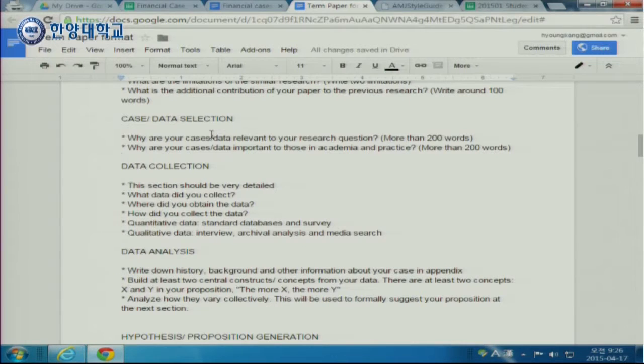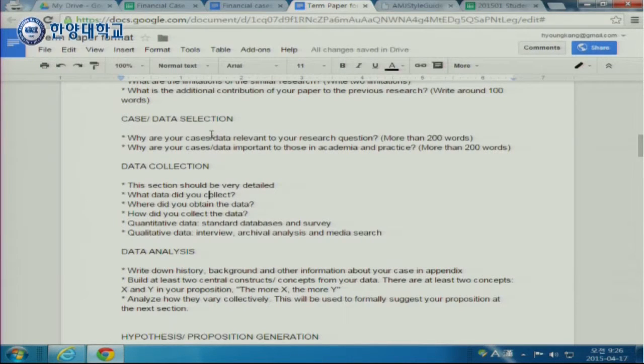And the next part is the data collection section. This part should actually be very detailed. Okay, it should be detailed. So you have to write down what data you collected, where you obtained the data, and how you collected the data.